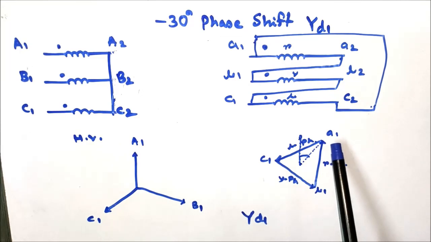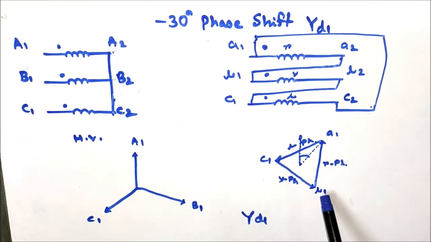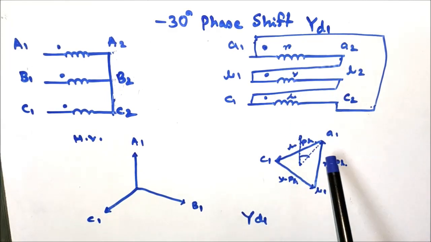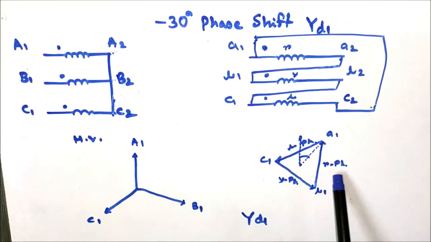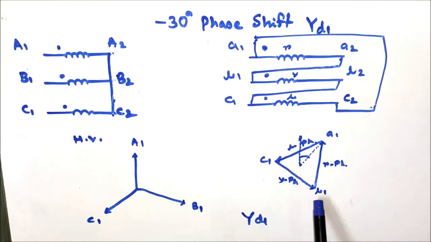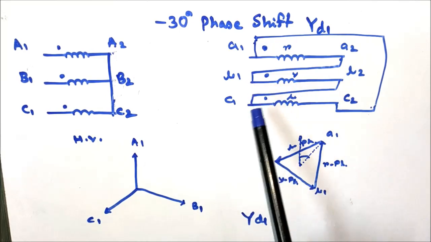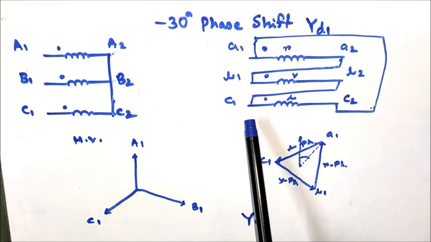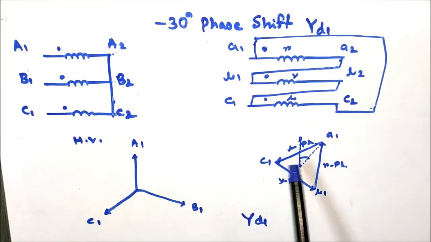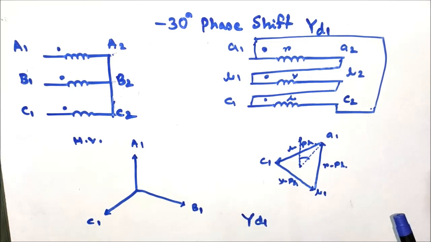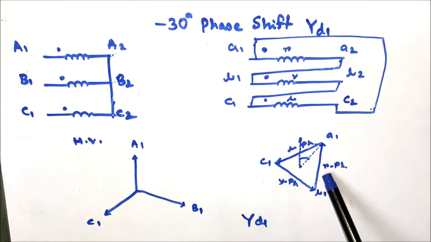So in between A1 and B1 there exists the red phase coil, in between B1 and C1 there exists the Y phase coil, and in between C1 and A1 there exists the blue phase coil. So this is the red phase, yellow phase, blue phase.